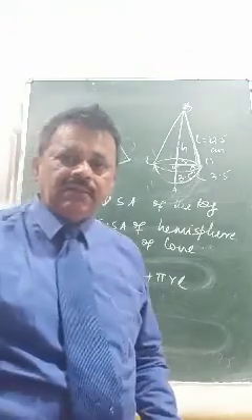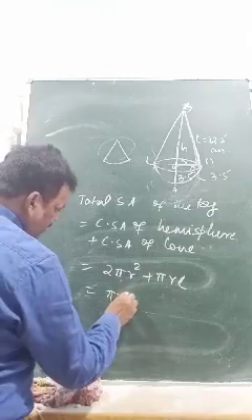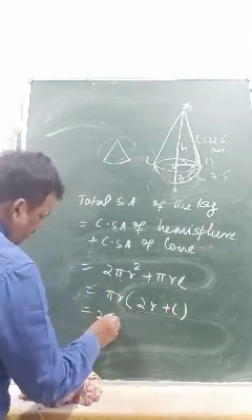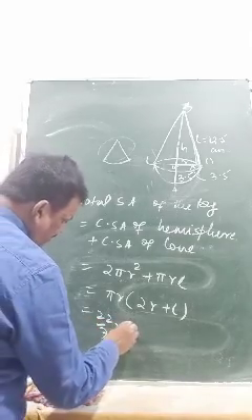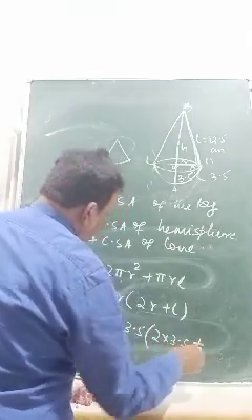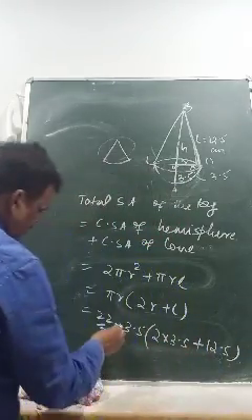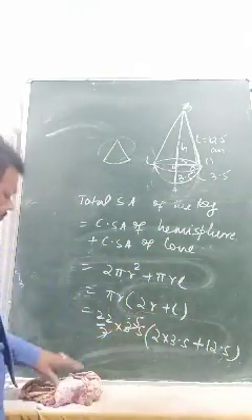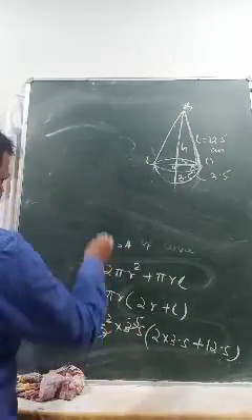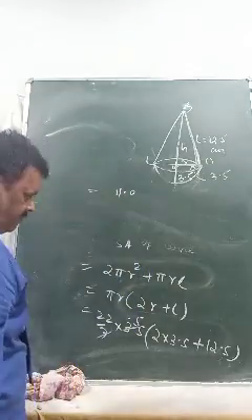Same method, take common. What is common? Pi and r are common. So pi r into 2r plus L. Pi is 22 by 7, r is 3.5, 2 into 3.5 plus L. L is 12.5. So 7 cancelled, 0.5. Multiply, we get 22 5 is 110, that is 11.0.